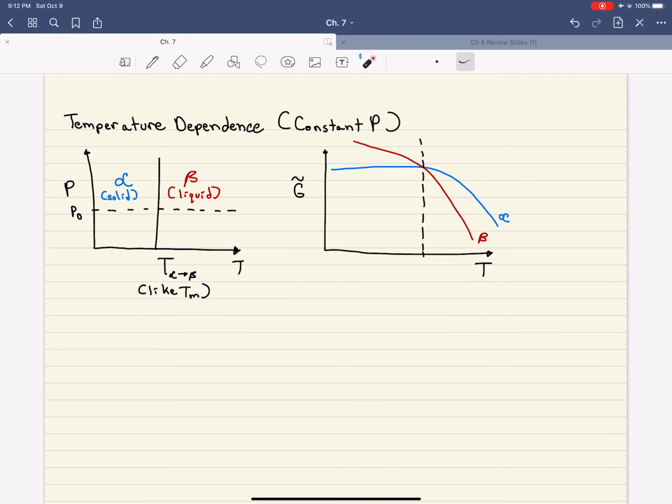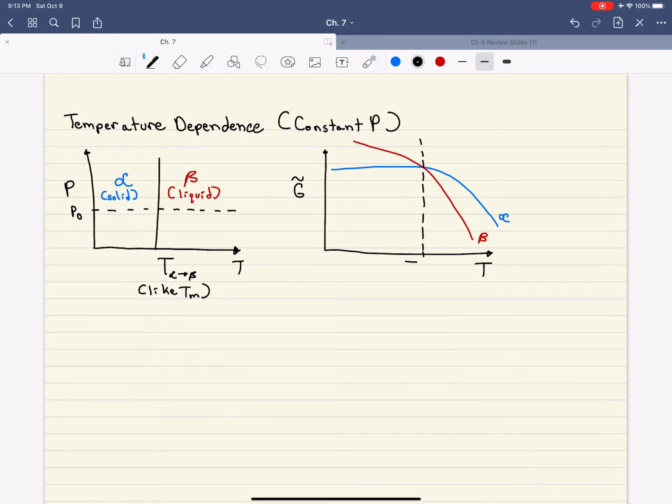At higher temperatures, though, we see that the molar Gibbs energy becomes lower for the beta phase, right? And so at these higher temperatures, that's when the chemical substance completely stays in the beta phase. And it's at this point right here when alpha and beta have the same molar Gibbs energy.